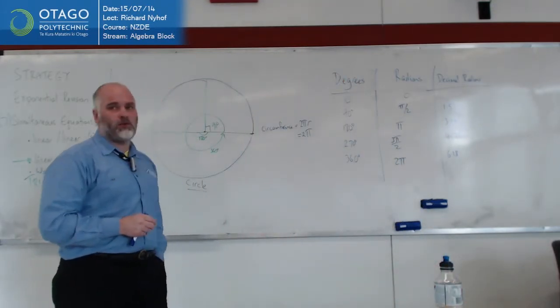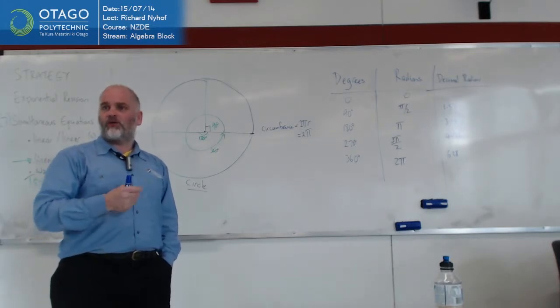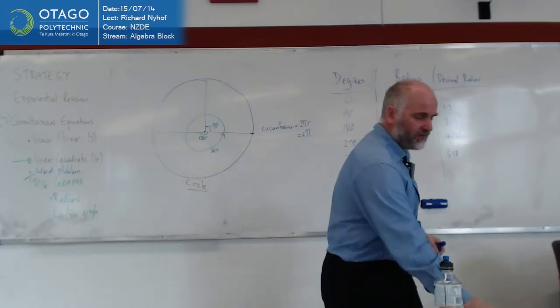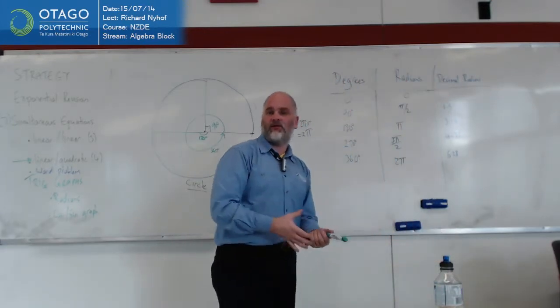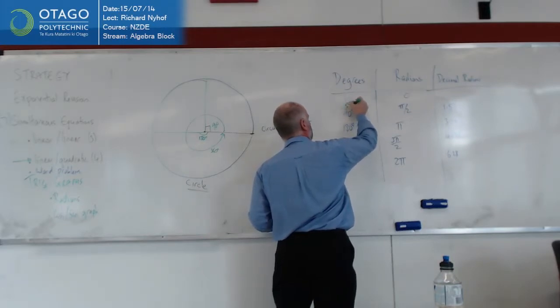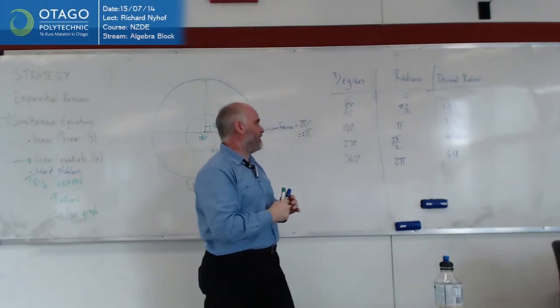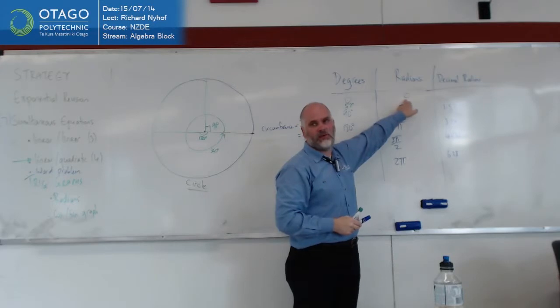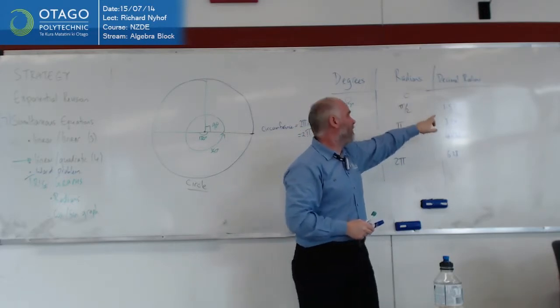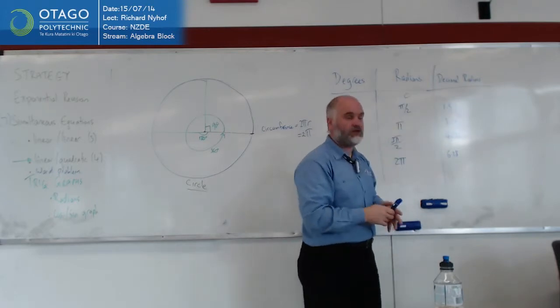Okay, so the question of how do I go for a general one? If I've got some weird number like 57 degrees, how do I get that as radians? To be perfectly honest, it's not hard, but you get it with weird fractions. To do it as a fractional radian, often it's easier just to go straight to a decimal radian.